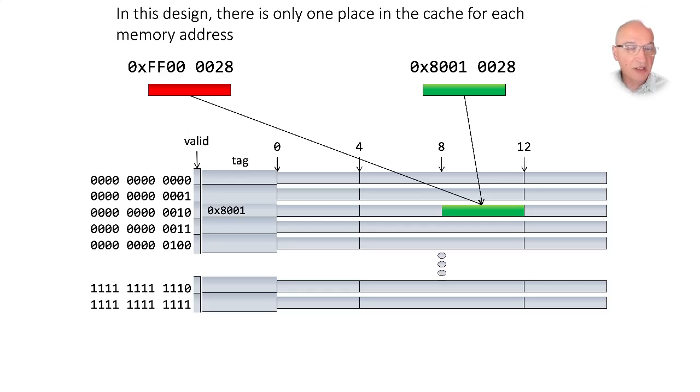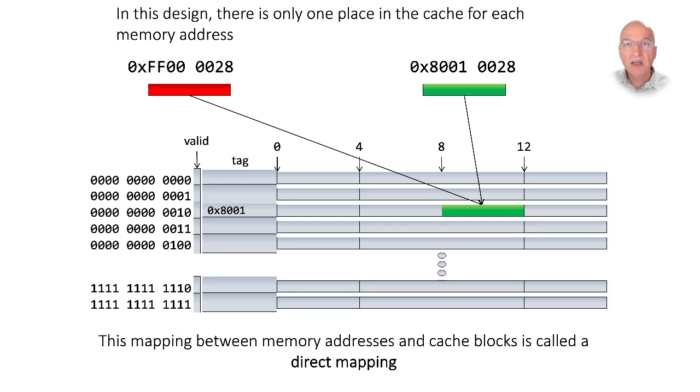So as we can see, there will be many such addresses that will be in the same position in the cache. But because there is a unique mapping between a memory address and the position in the cache, we say that the mapping between the memory addresses and the cache blocks is a direct mapping, because there is a one-to-one mapping.